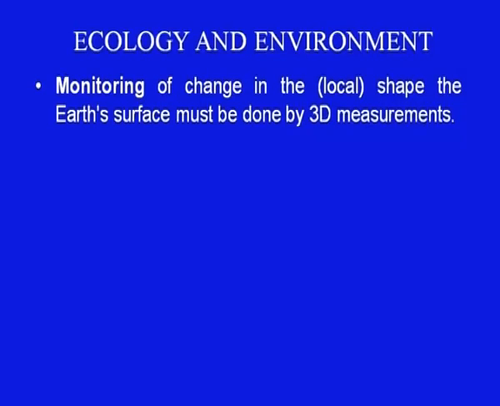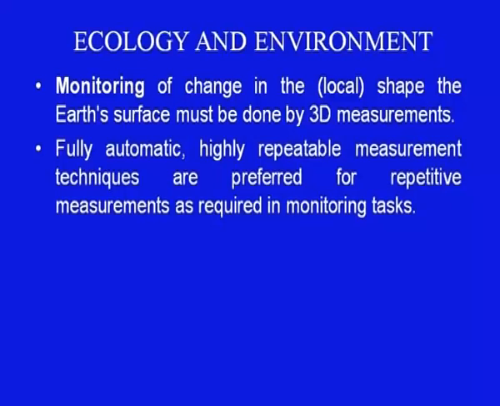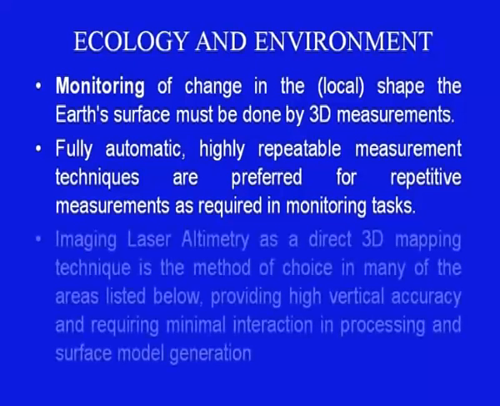It has very wide applications in the area of ecology and environment. Monitoring of change in the local shape of the Earth's surface must be done by 3D measurements. Fully automatic, highly repeatable measurement techniques are preferred for repetitive measurements as required in monitoring tasks.